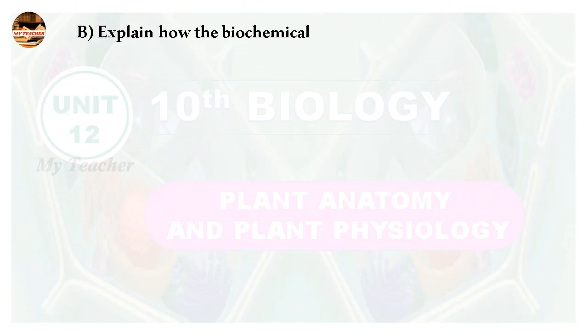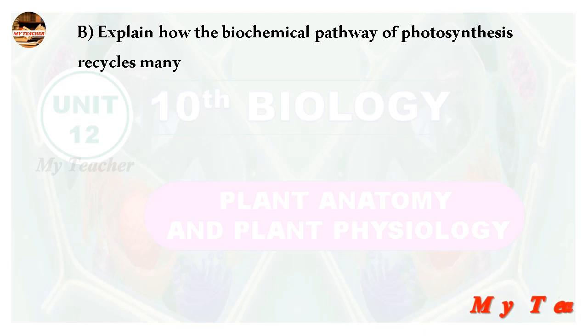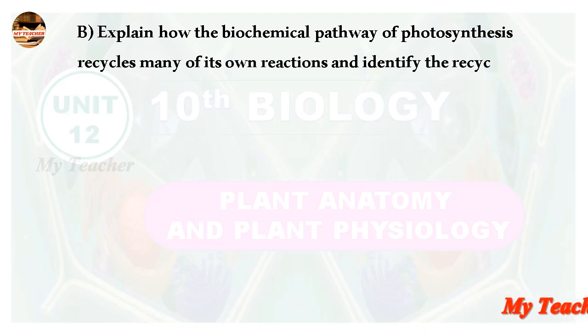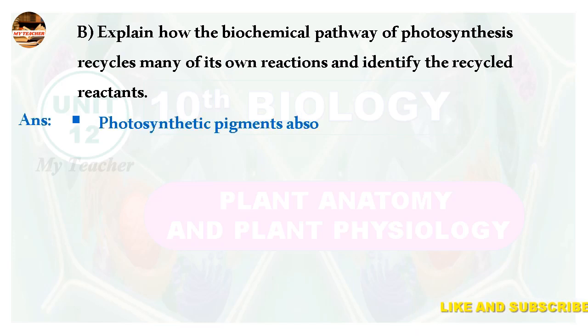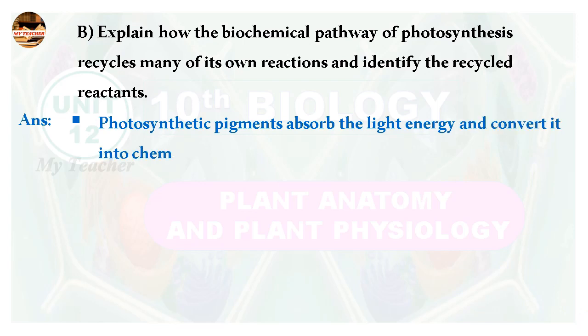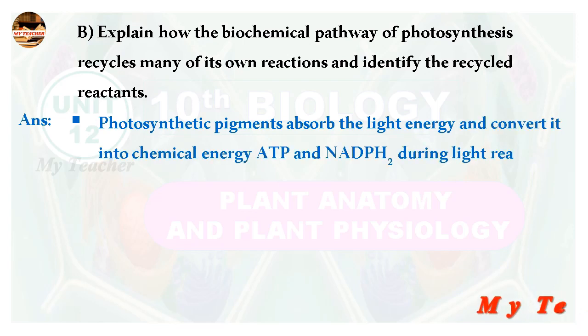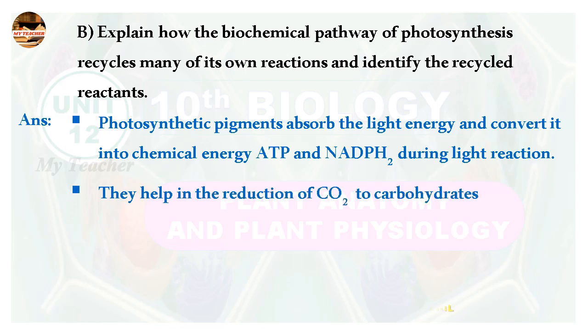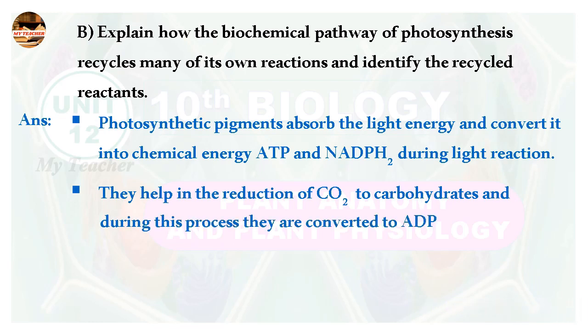B. Explain how the biochemical pathway of photosynthesis recycles many of its own reactions and identify the recycled reactants. Answer. Photosynthetic pigments absorb the light energy and convert it into chemical energy, ATP and NADPH2, during light reaction. They help in the reduction of CO2 to carbohydrates and during this process they are converted to ADP and NADP.